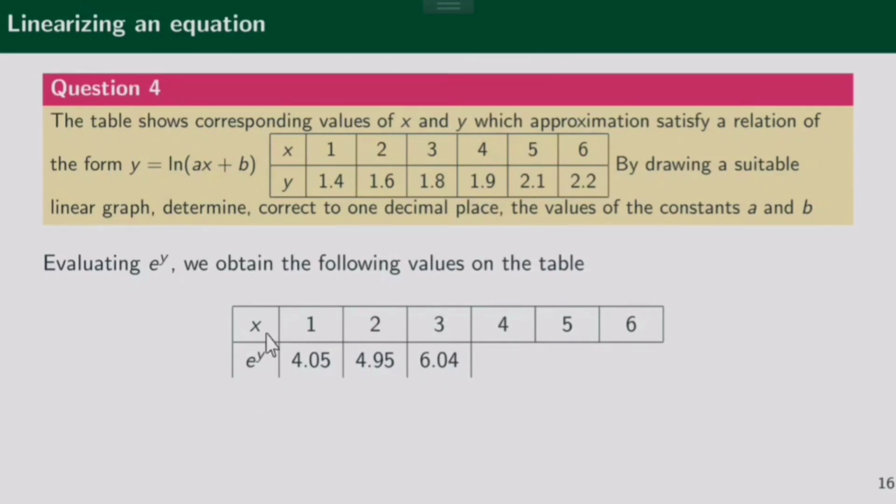When y is 1.9, e raised to the power 1.9 gives me 6.69. When y is 2.1, e raised to the power 2.1 gives me 8.17. When y is 2.2, e raised to the power 2.2 gives me 9.02. So these are the modified values of y that I'll plot on the vertical axis, of course using the equation which I have obtained.